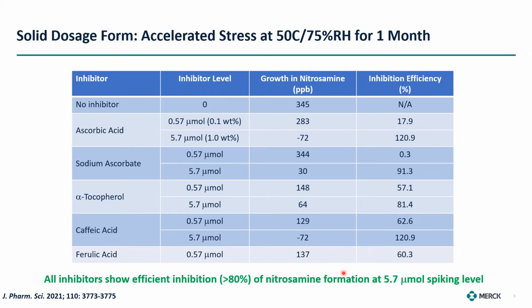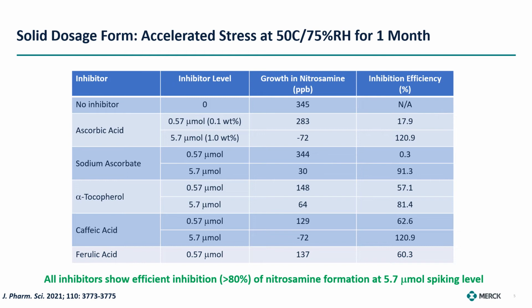In fact, if we calculate the inhibition efficiency of these inhibitors, we can find that all of these inhibitors inhibited nitrosamine formation at greater than 80% level when they are spiked at 5.7 micromole level.